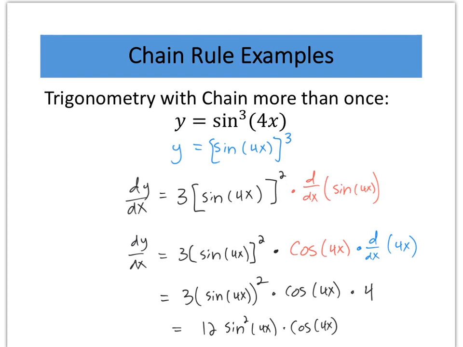It seems really messy, but notice that we had to do the chain rule twice. When we took the derivative of this, we needed to use the chain rule, and the derivative of the inside ended up being 4. So this stuff is the first chain rule, and then the chain rule again happened here. So all of this is associated with the chain rule.